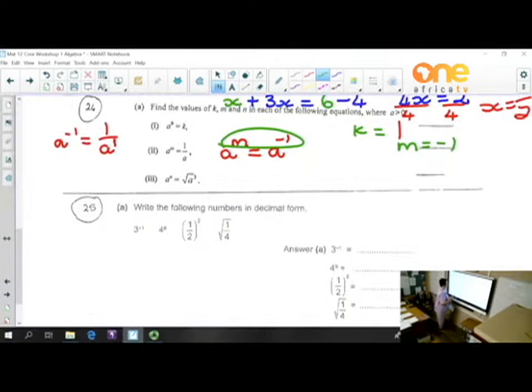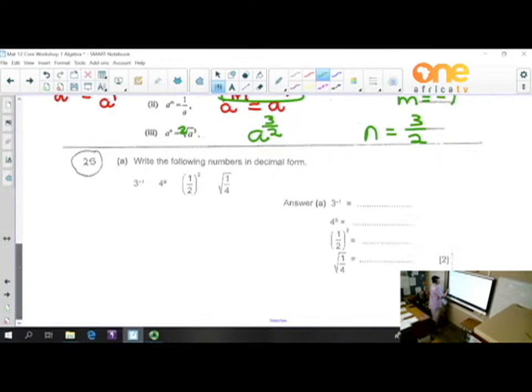So this one here, it means this one is then actually a to the power of 3 over 2. Remember, this is the square root. If there's nothing, there's a 2 in there. So n is going to be 3 over 2. N is 3 over 2. We need to know our indices rules.